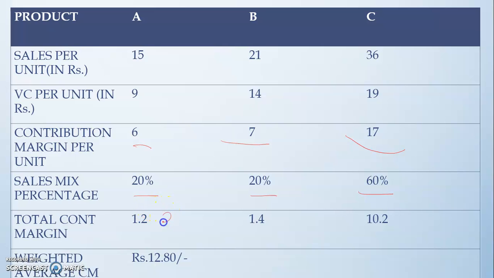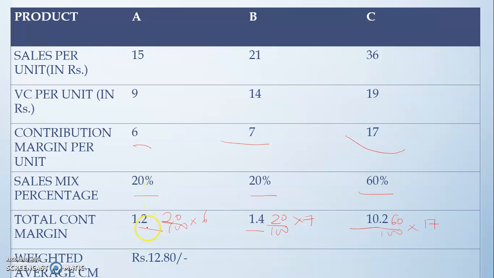We get 20% of 6, 20% of 7 and 60% of 17. So we get 1.2, 1.4 and 10.2. So this is the contribution margin of each of the products with respect to the sales mix percentage as given, as 20, 20 and 60.